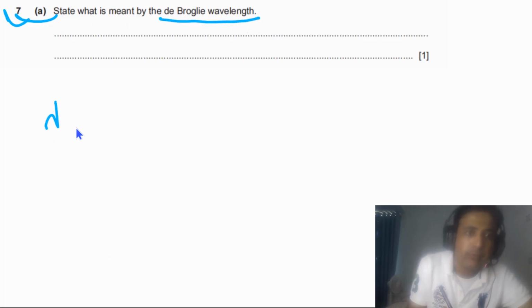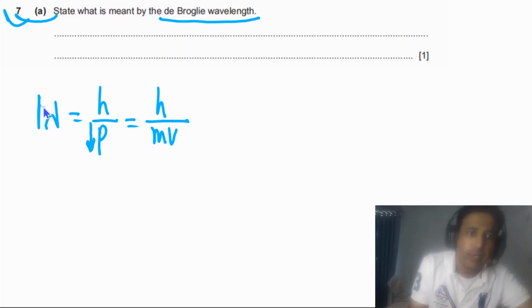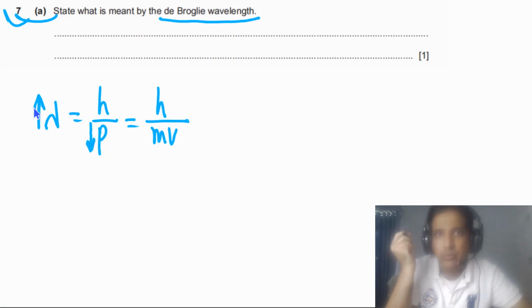The de Broglie wavelength is equal to h divided by p, or h divided by m times v. It means that if p is very small, lambda will be very long, so it will be detectable. For example, for electrons, the wavelength is detectable.